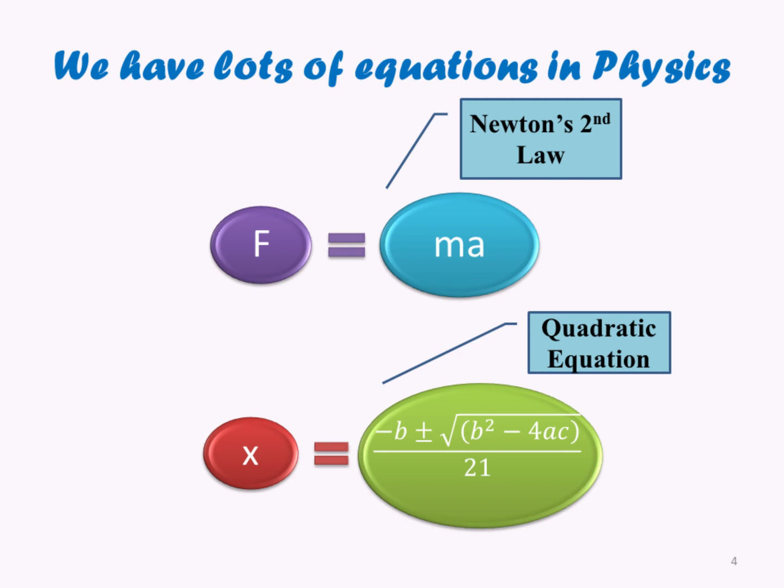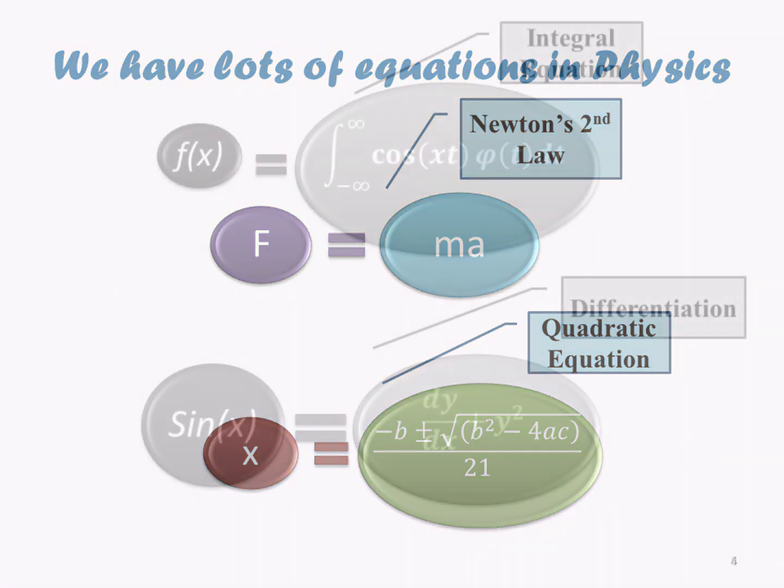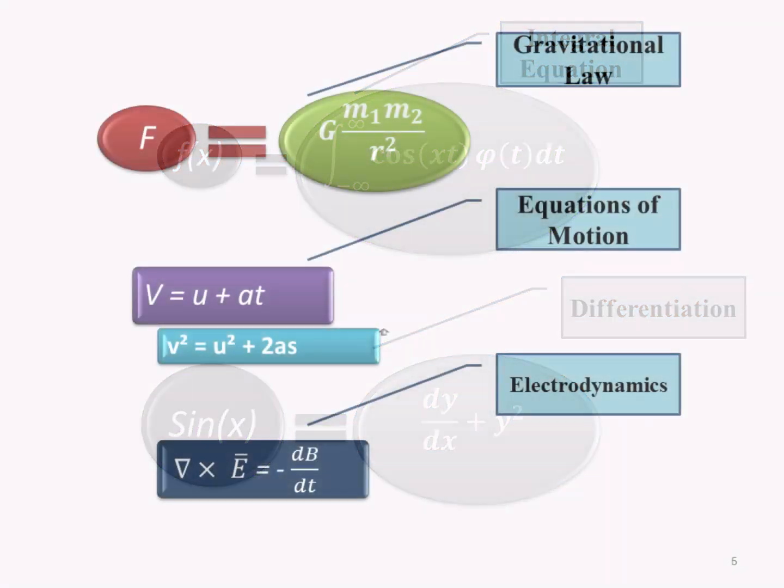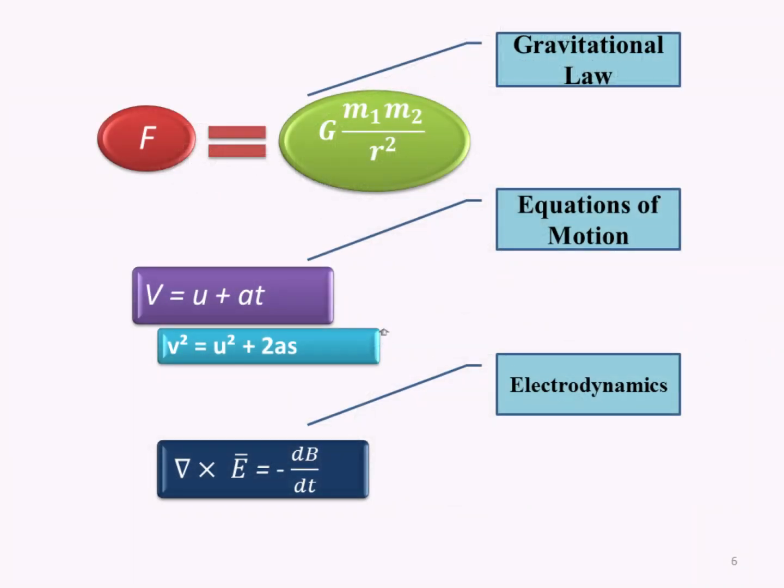Similarly, you can see different equations, the quadratic equation, and equations containing other operations, integrations, differentiations, square roots, functions. You can see the gravitational law, the equations of motion, and a lot of equations in electrodynamics, nuclear physics and quantum mechanics, but they all represent some sort of physics behind them, because they are connected with each other and they represent the relation.